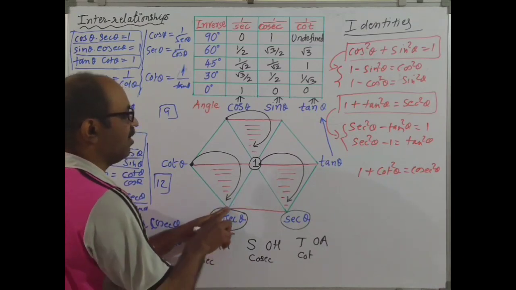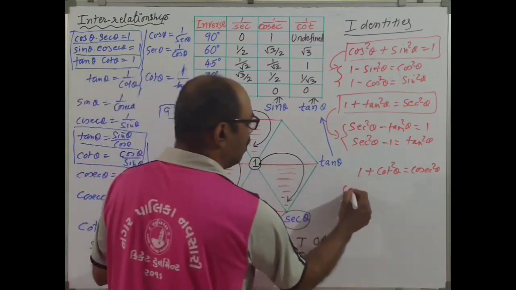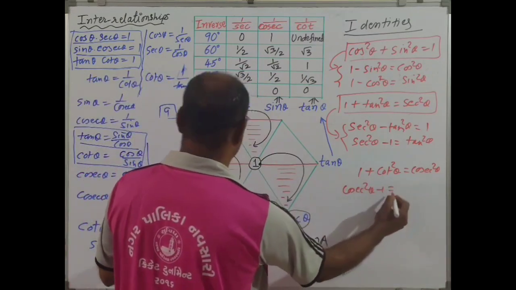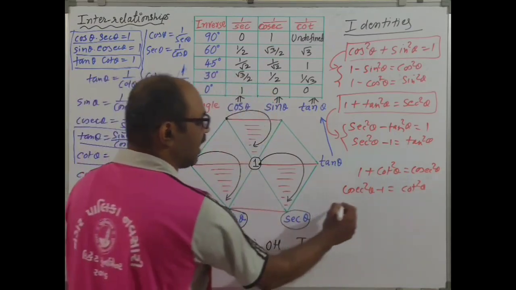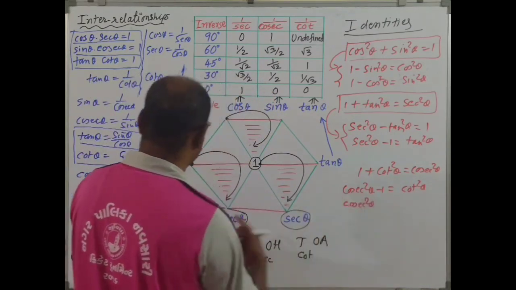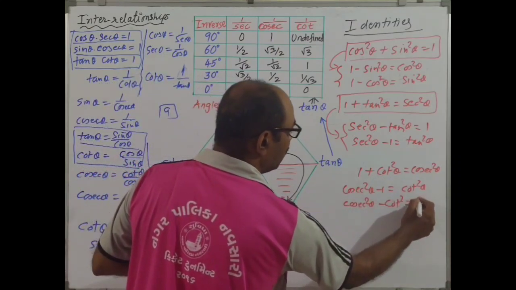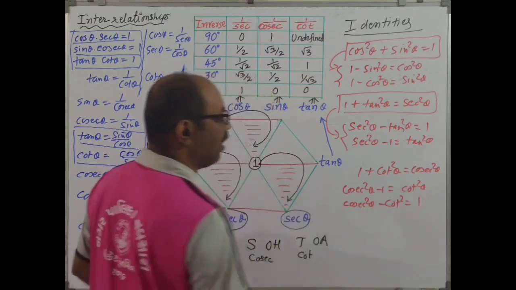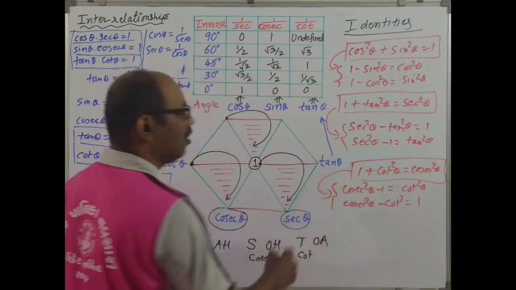So cosec square minus 1, not plus 1, cosec square theta minus 1, that is cot square theta. और जो अलोन है वो cosec स्क्वायर कर दो, cosec स्क्वायर माइनस cot स्क्वायर is remaining 1.